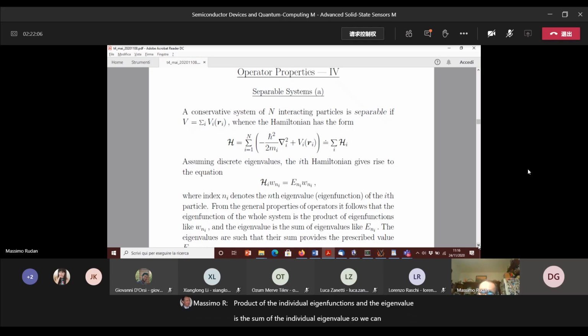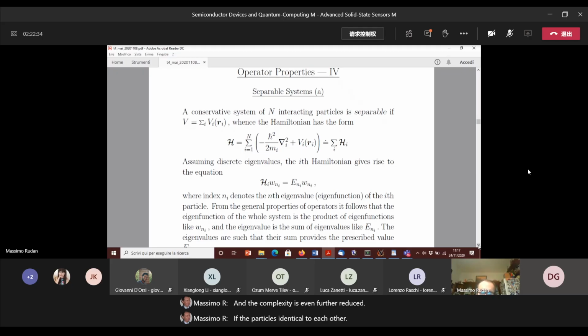So we can solve the problem particle by particle. This is, of course, extremely useful because it reduces the complexity of the problem enormously. And the complexity is even further reduced if the particles are identical to each other.